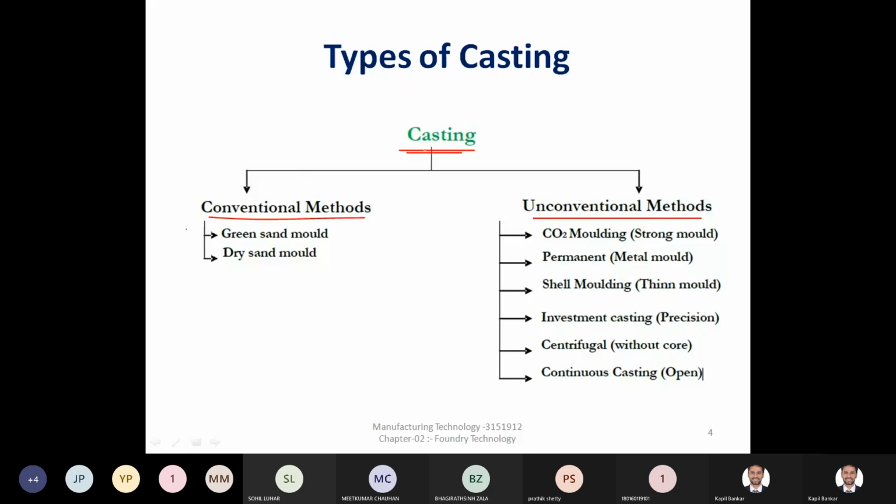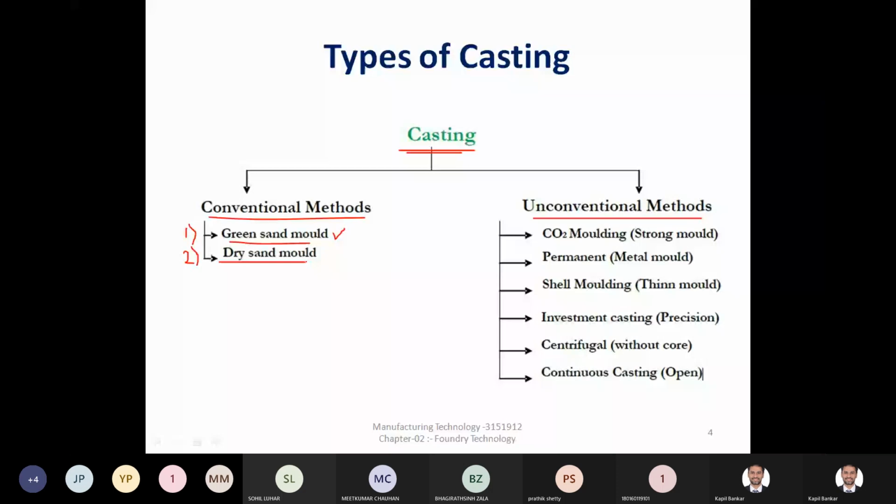In the conventional method, the first one is the green sand mold process. If you create the mold with the help of green sand, then it is known as green sand mold. The second conventional process is known as dry sand mold. So these are the 2 conventional processes in casting.